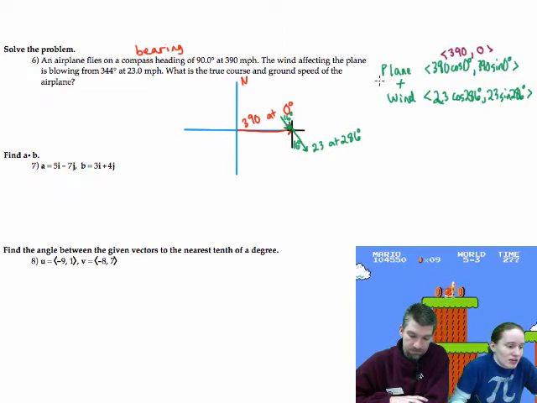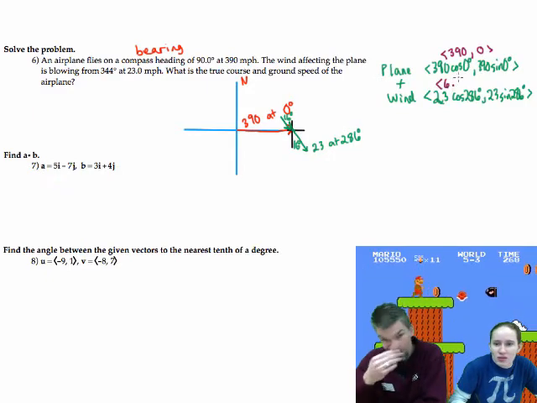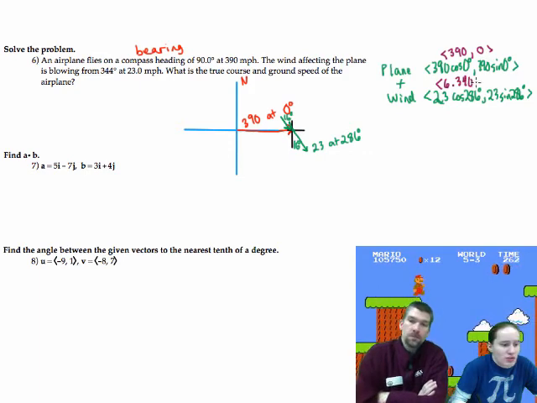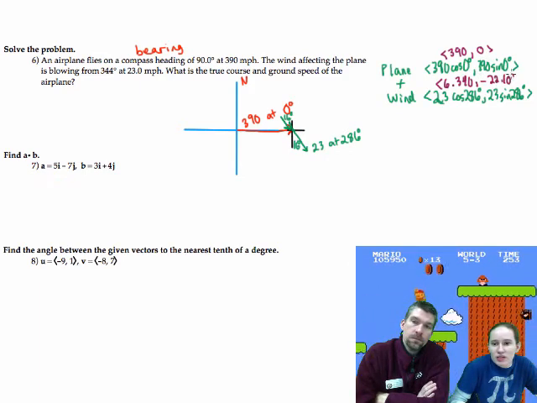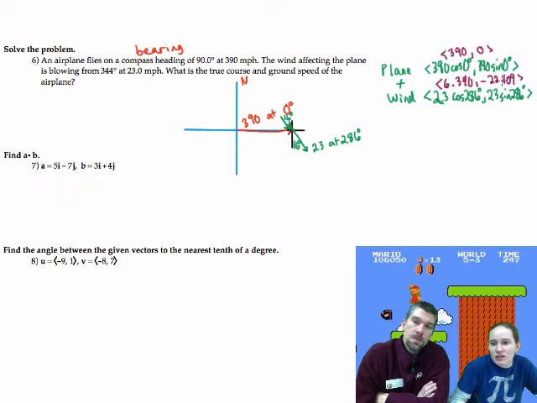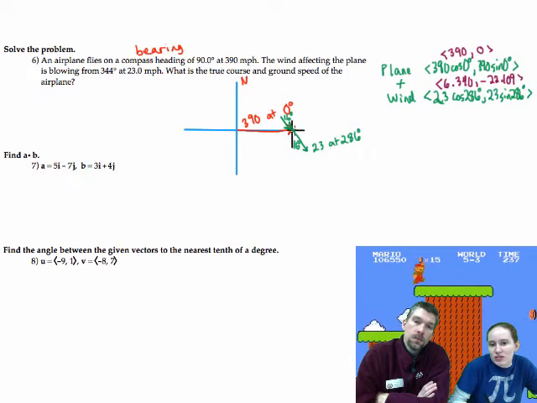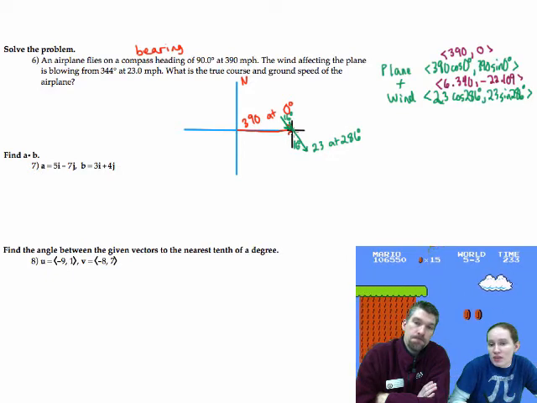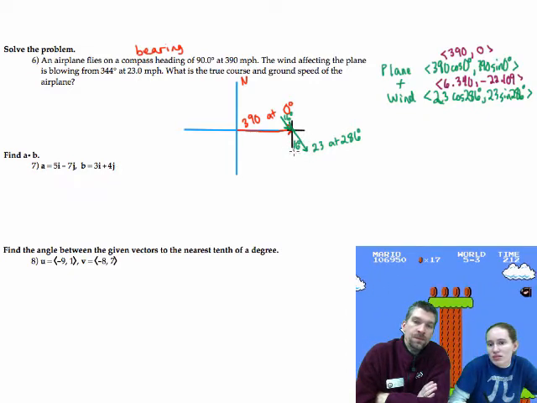And then the other one, if we find it on our calculator, is 6.340 comma negative 22.109. Now, take a second to see if those make sense. 390 means we're going to the right, not up or down. From there, we're going some to the right for 6.3, and then down just a little tiny bit, so negative 22. That makes sense.